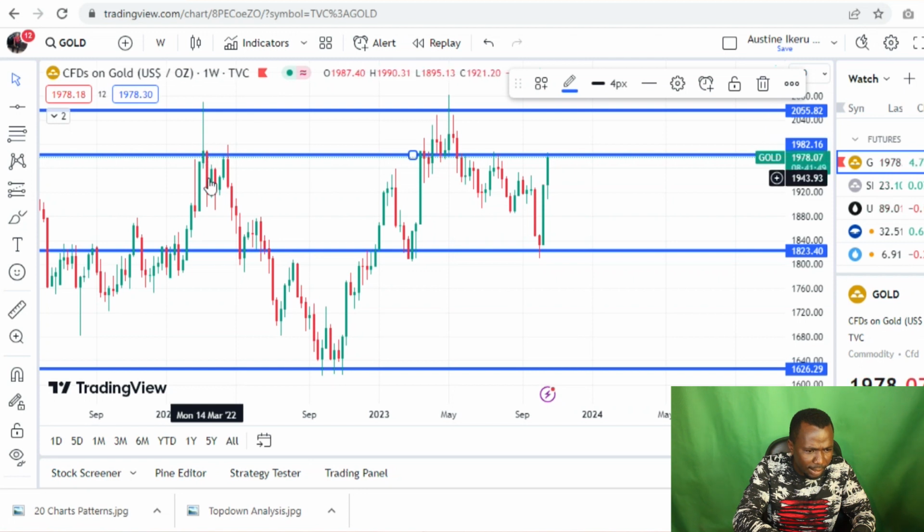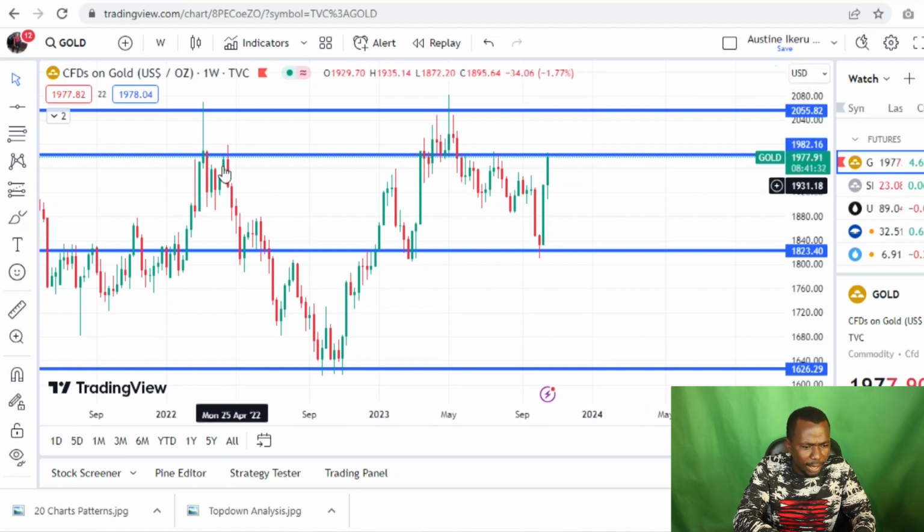And then went down to this level, came up here and got rejected here, then went down. So this level becomes a resistance level in the weekly time frame. The price went all the way down to this level. So we have gotten the first weekly resistance level.